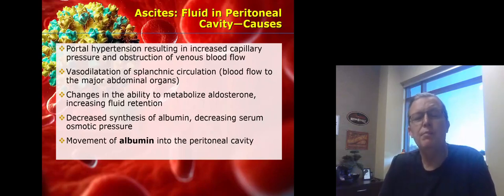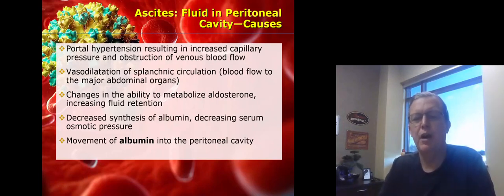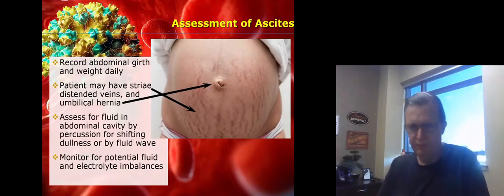And as I mentioned before, since the liver's not synthesizing albumin, then what we have is ultimately a decrease in serum osmotic pressure, because there's a lower albumin in the serum and there's more fluid in the system. So that albumin is going to move into that peritoneal cavity and serve as an osmotic driver. So this is what that would look like.